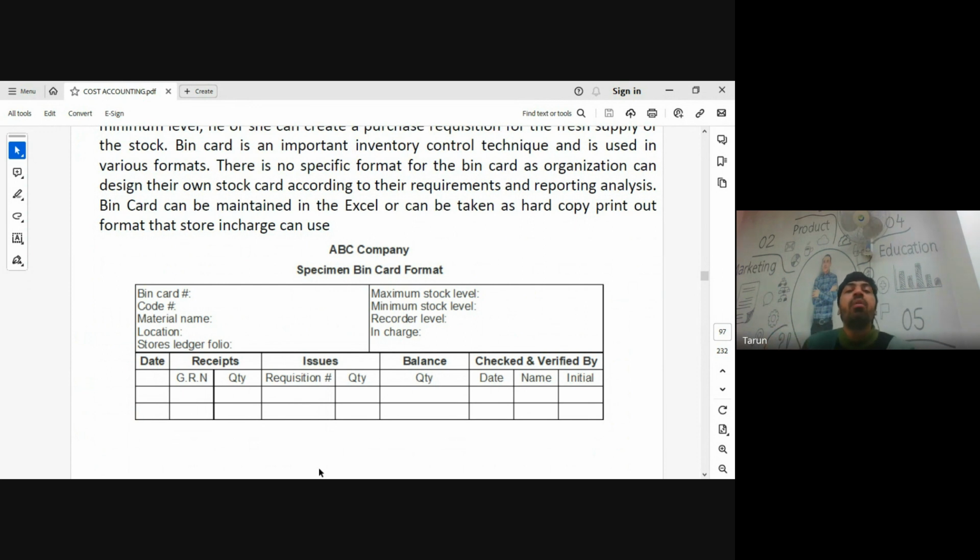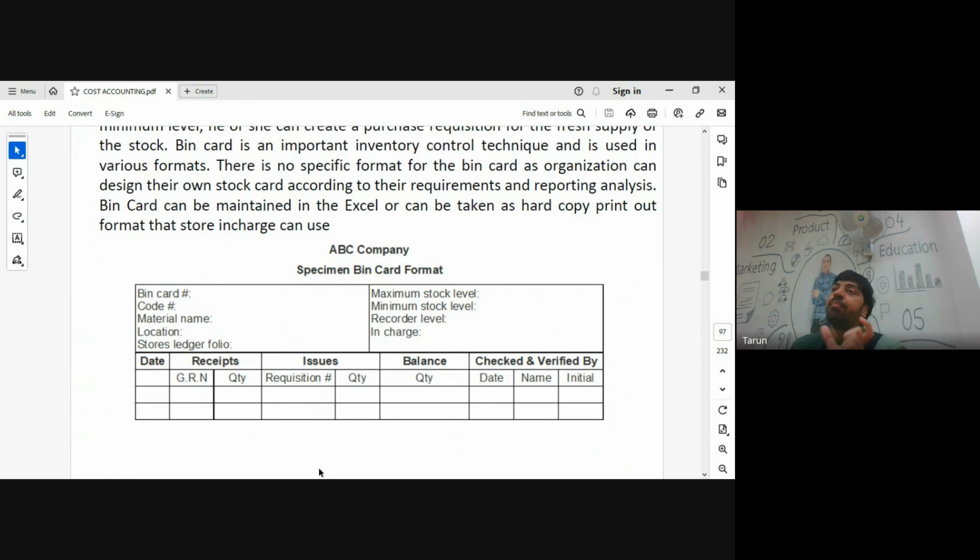This is the specimen bin card format of an organization: the bin card number, the code of the material, the material name, whatever the location is, the store ledger folio, the maximum stock level, the minimum limit of the stock, how much the reorder limit is, and who is the person in charge of recording or keeping the records of the material.